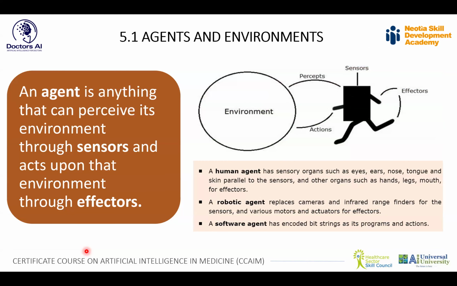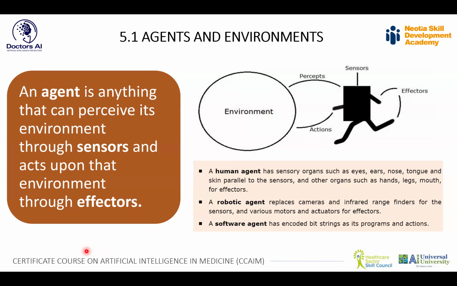What is an agent? Let's try to understand an agent in an environment, right? So an agent is anything that can perceive its environment through sensors and acts upon that environment through effectors. So it has effectors by which it acts, it has sensors by which it senses, just like we have our sensory system and our motor system.